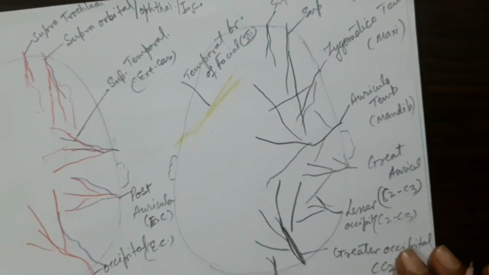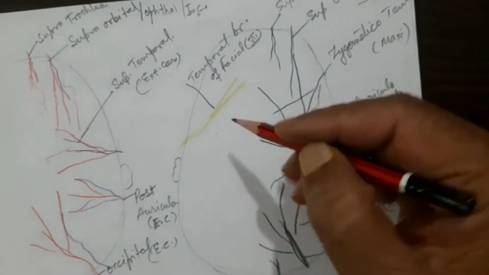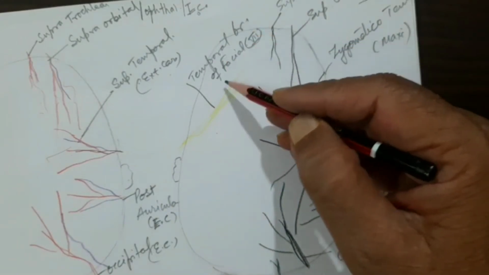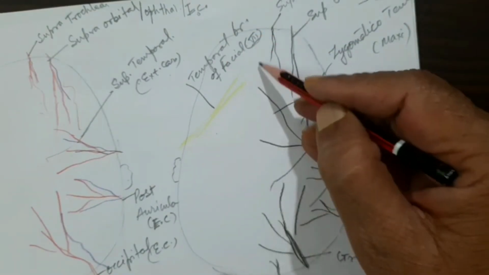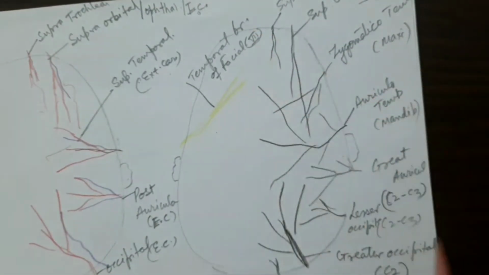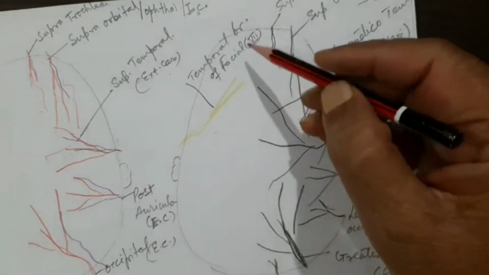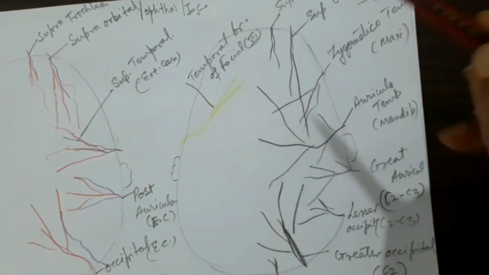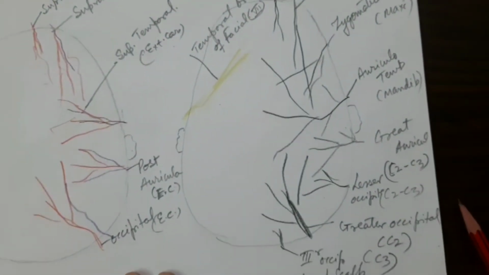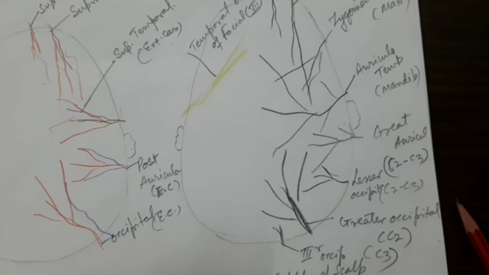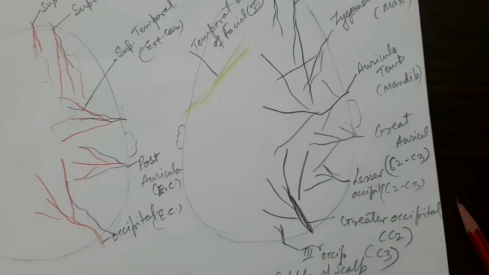After coming from the stylomastoid foramen, this branch comes out and runs towards the frontal belly of the occipitofrontalis, and the motor supply of the frontal belly of the occipitofrontalis is the temporal branch of the facial nerve. So this is the only motor nerve in front of the ear.